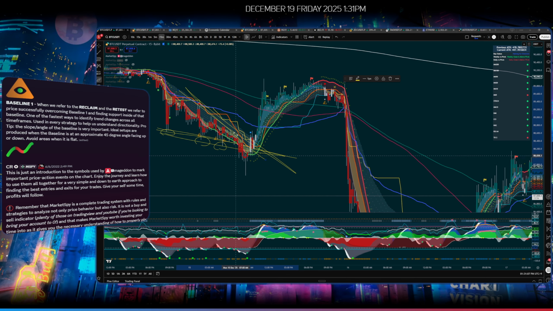So House of MarketSpy finally prints. None of it was available anywhere here. I would argue that even here it was not available because we didn't have a break of this candle. But here on this wick, we have a break. And this is not subjective. This is objective.